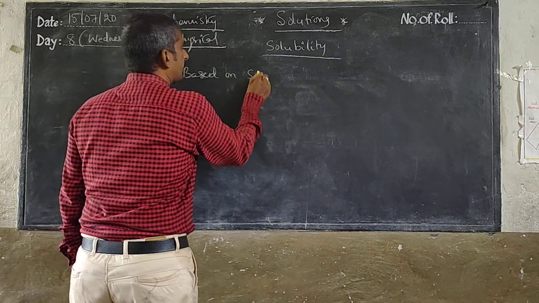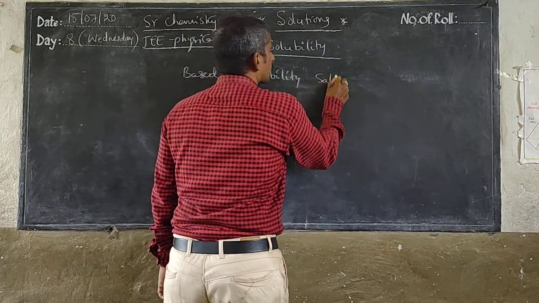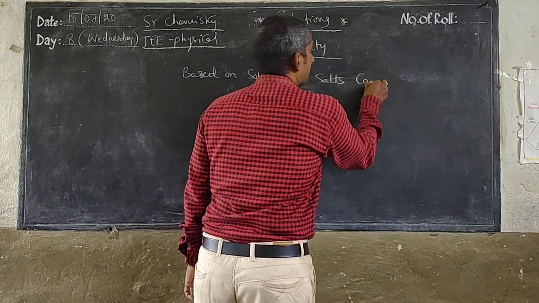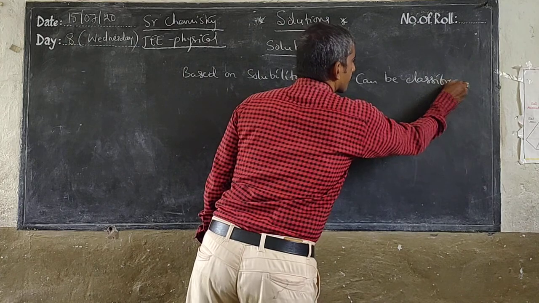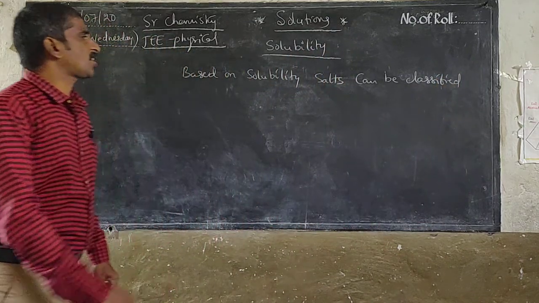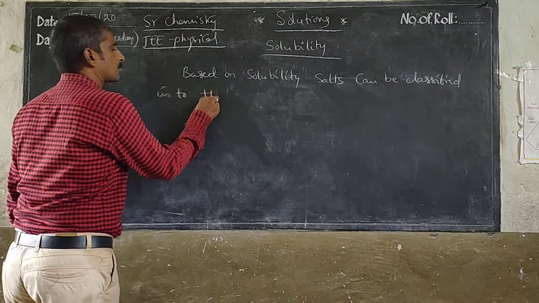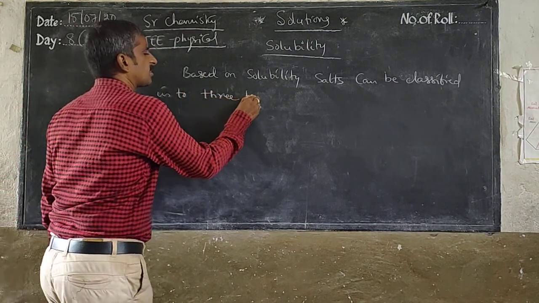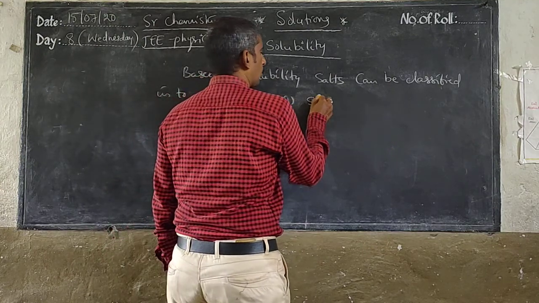Based on solubility, salts can be classified into three types. First one is soluble salts.